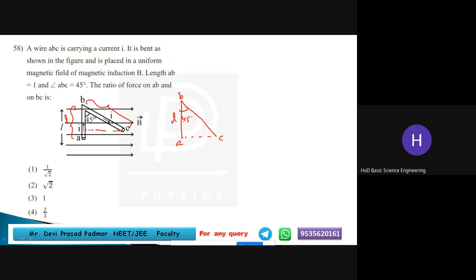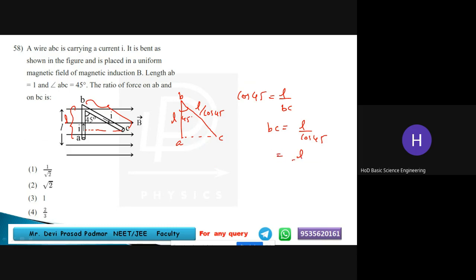This one is L. So this can be written as BC. Can you take cos 45 here? So cos 45 means L divided by BC, right? So BC equals L divided by cos 45.